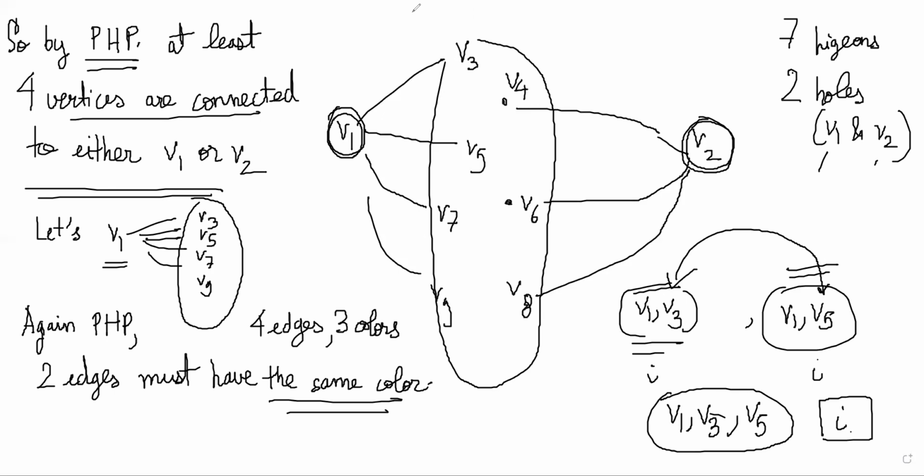In both the cases, we have proved that there are at least 3 vertices which will be connected by edges having the same color, right? So the presence of a monochromatic triangle has been established. That convinces us that there must be at least 3 mathematicians who can speak to each other in the same language. So that concludes the proof.